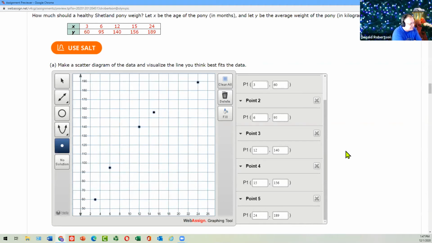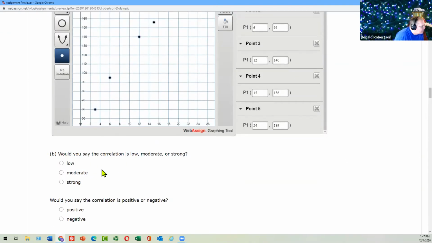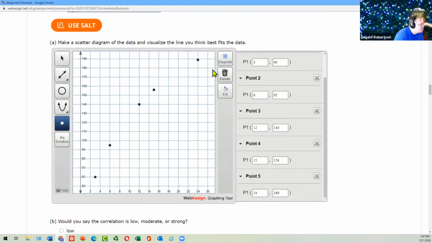So far, so good. Now, would you say that this is low, moderate, or strong? Now, there's not a lot of data points, but can you imagine my sausage? What do you think that is? A fat sausage, a medium-sized sausage, or a skinny sausage?